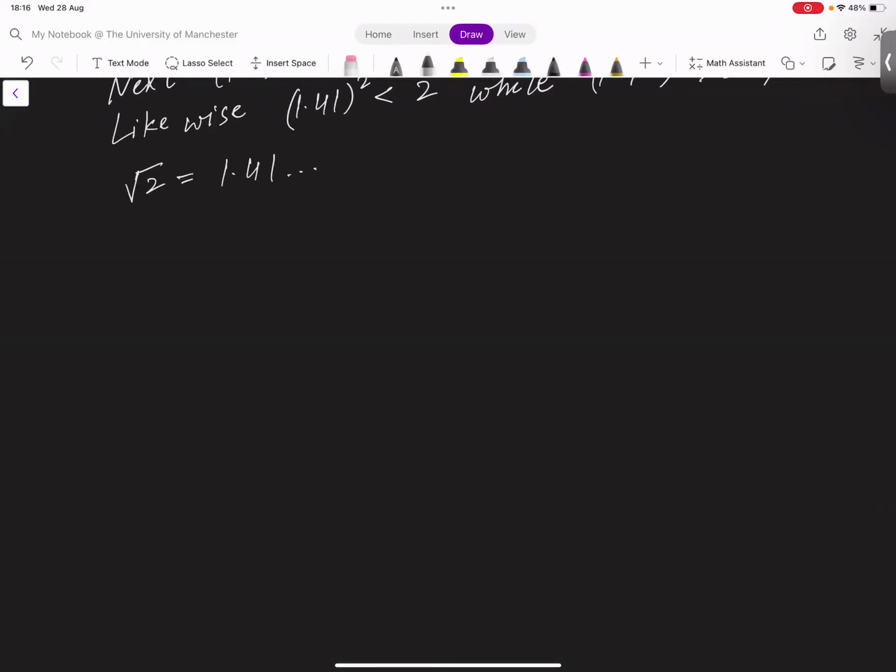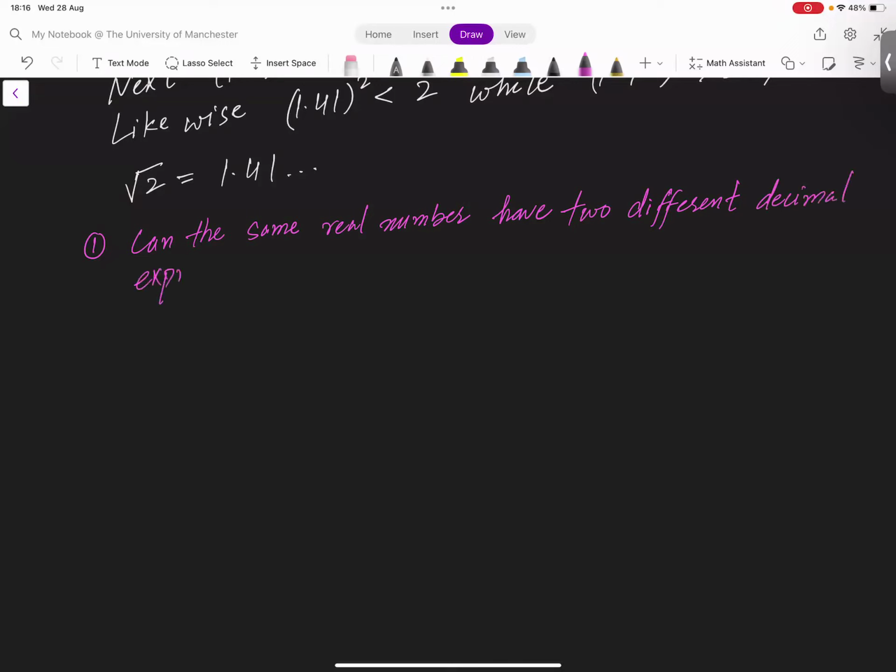So let's write these questions. Question 1: Can the same real number have two different decimal expressions?